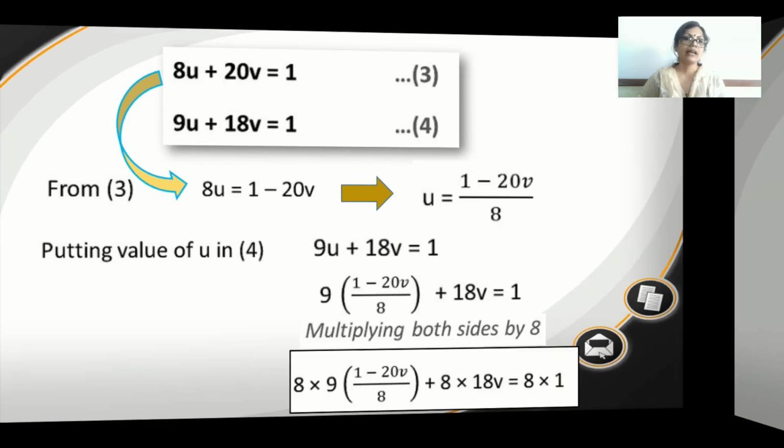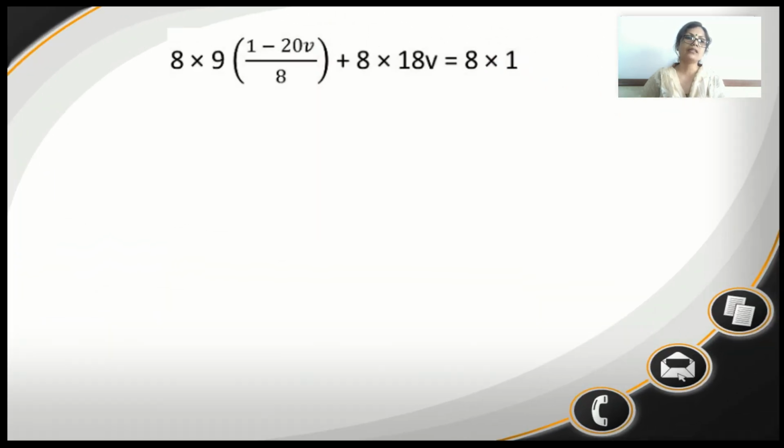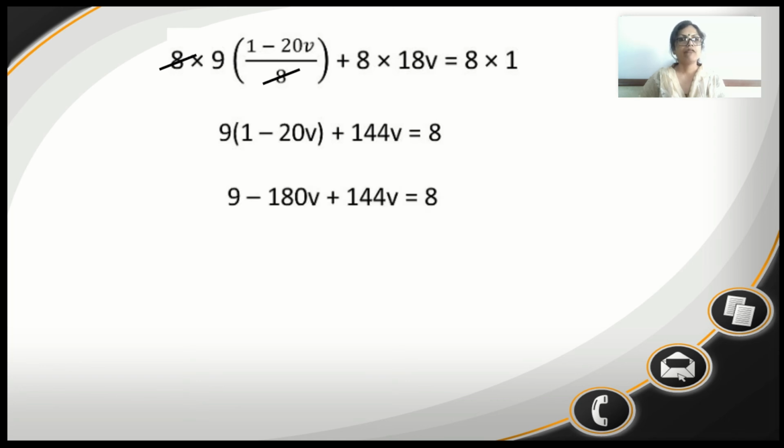Let's see what we can cancel now. Yes, our denominator term which we do not want gets cancelled, and therefore we are left with 9 in the bracket 1 minus 20v plus 144v is equal to 8. Let us simplify this. So we get 9 minus 180v plus 144v is equal to 8.